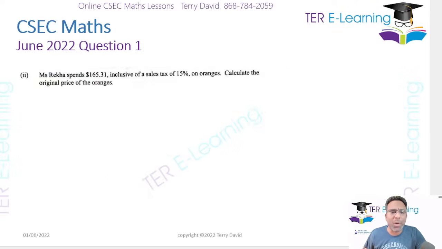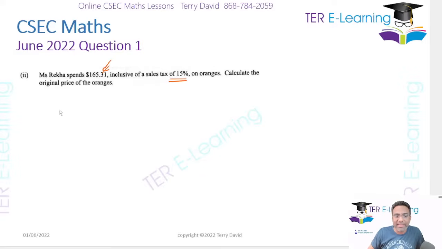The next thing now, Miss Reka spends $165.31 inclusive of a sales tax of 15% on the oranges. Calculate the original price. Now, this figure, this 165.31, they said it includes a sales tax of 15%.